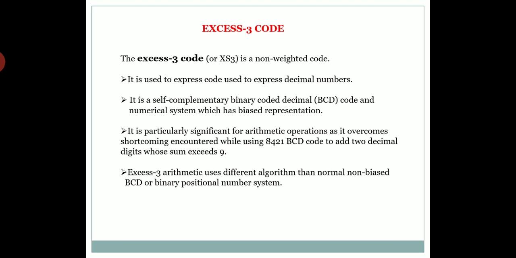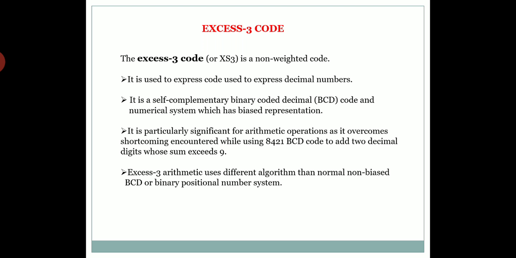Self-complementary binary coded decimal means that if we have an XS3 code number which is inverted, that is equivalent to the 9's complement of the number.